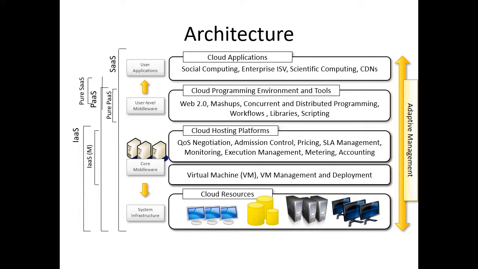In software as a service, customers are provided with applications that are accessible anytime from anywhere with the help of different front ends, like with the help of web 2.0 and so on. So the best examples for software as a service are Google Apps or Salesforce CRM, whereas for platform as a service it can be Microsoft Azure, Google App Engine, and for infrastructure as a service we have Amazon EC2, GoGrid, and many more.